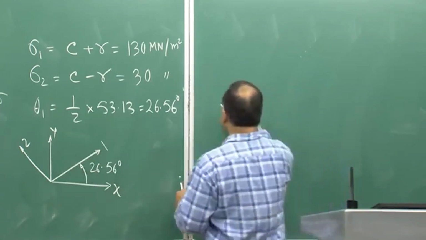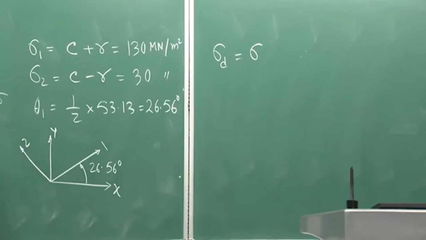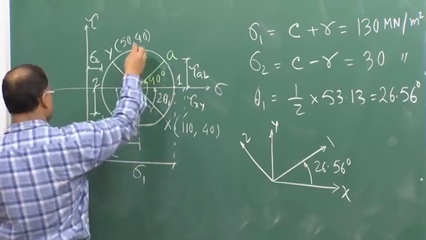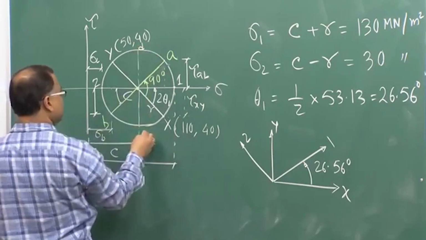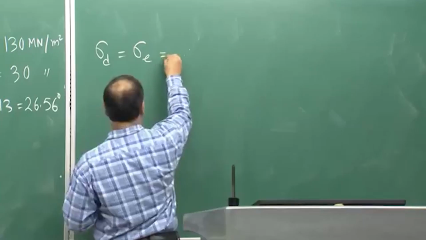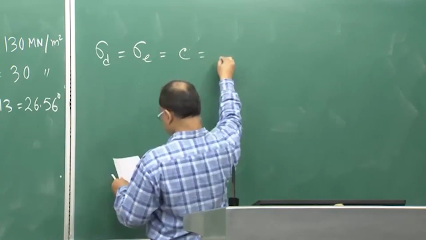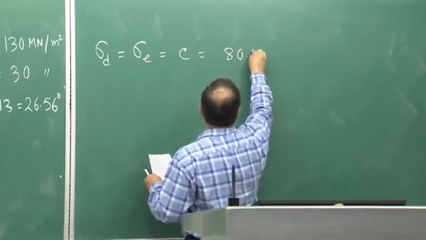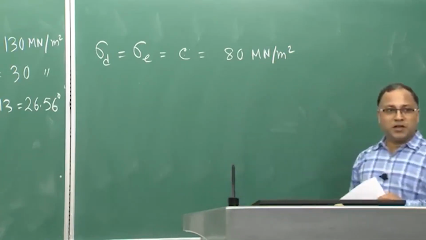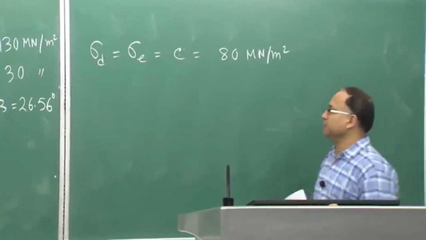Okay. Now, coming to sigma d, this point is D, this point is E. So, sigma d is equal to sigma E is equal to C, right. So, that is 80 meganewton per meter square, that is the normal stress on the plane on which maximum shear stress is acting.